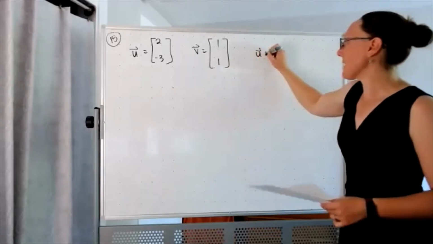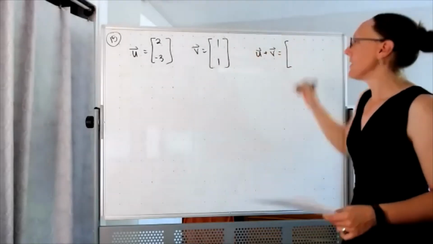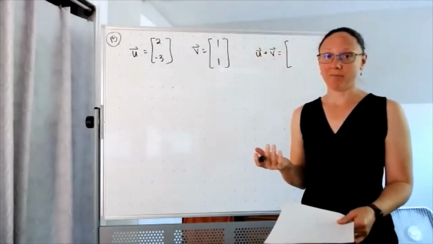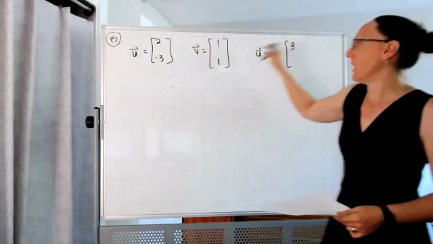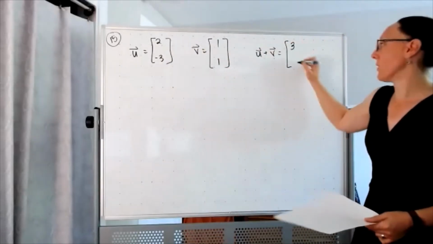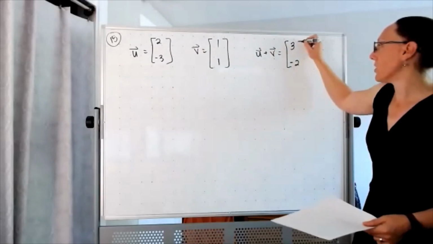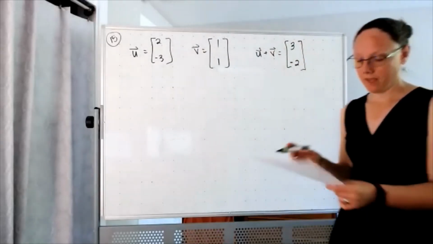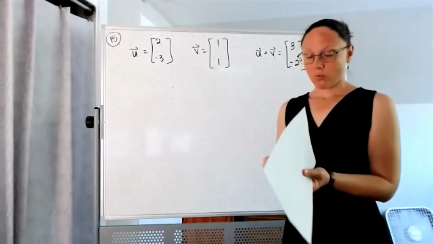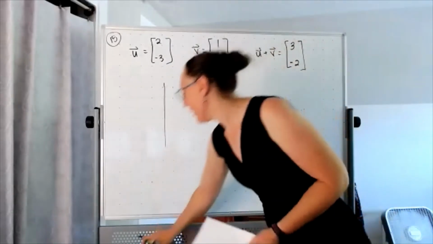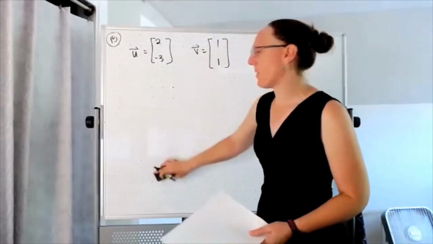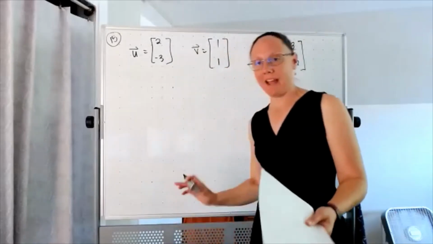And then I did ask for u plus v. So let's just compute it really quickly. u plus v, I have 2 plus 1, and -3 plus 1, -2. To sketch these 3 vectors, I was going to put them on an axis, but we really don't have to.